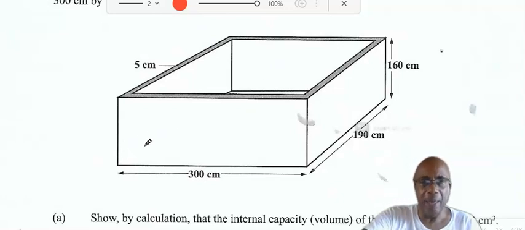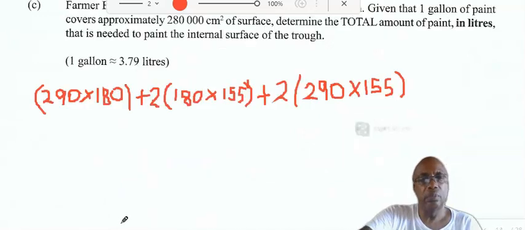So the length here will be 300 minus 10, which is 290, times the height, which is 160 minus 5, 155 centimeters. And then we get that area and multiply by 2. So let's do it. So this is it. That is the total internal area of the trough.